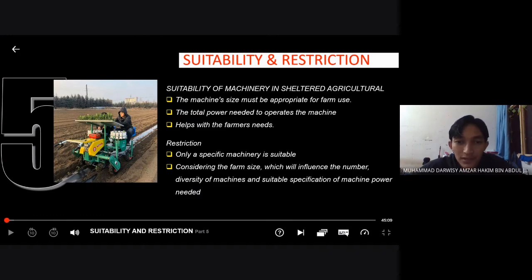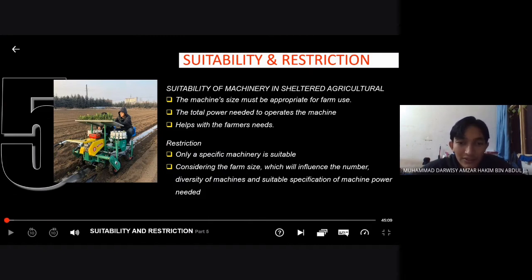Next one is the total power needed to operate the machine. In addition to the machine size, we need to know the total power that we need to specify before we use it on the farm. And the next helps with the farmer needs.